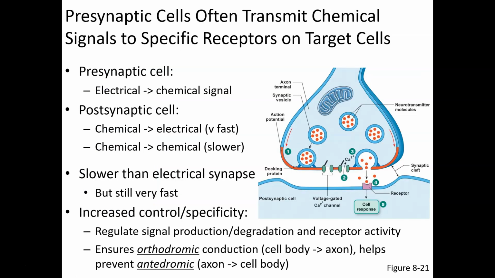So the chemical signals can work slower. The synaptic delay of a chemical signal is about half a millisecond, so 1/2000th of a second. That's the extra time it requires to have a chemical signal. So it is slower, but we can regulate the signal transmission through a number of different ways. One, we can assure unidirectional flow.